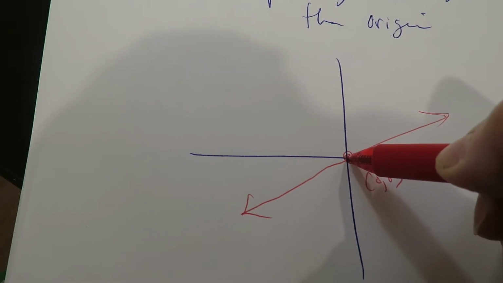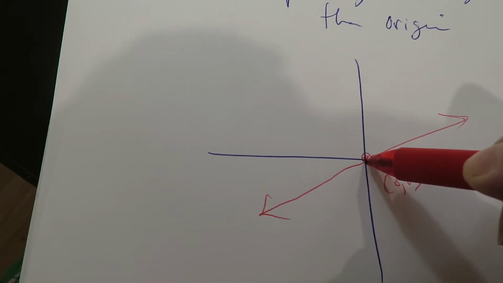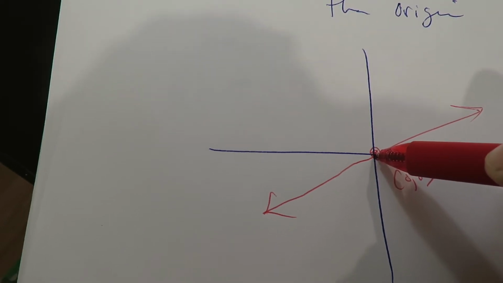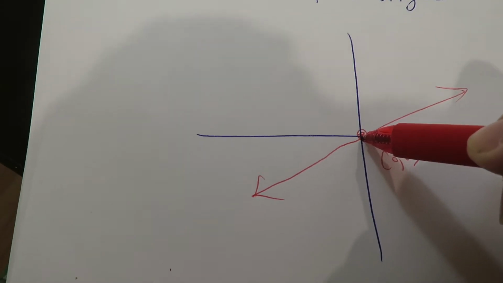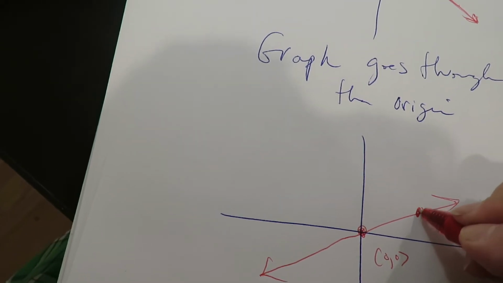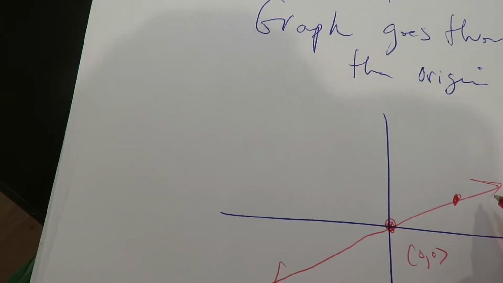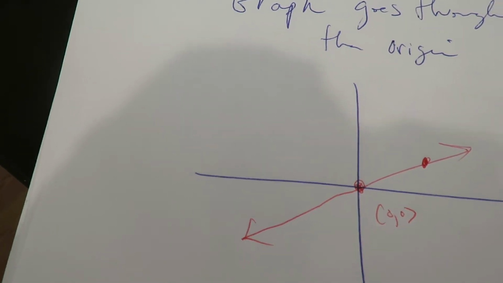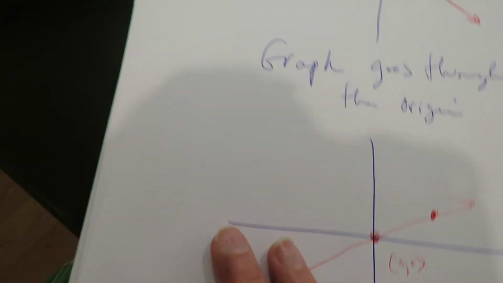Because the x and the y intercept are overlapping. They're the same spot. So the intercept method, I don't want to say the word fails, but it kind of fails because it doesn't give you 2 points. So you actually have to find a second point somewhere on your line so that you can draw it, because you need 2 points to get the slant correct, to get the angle correct, okay?